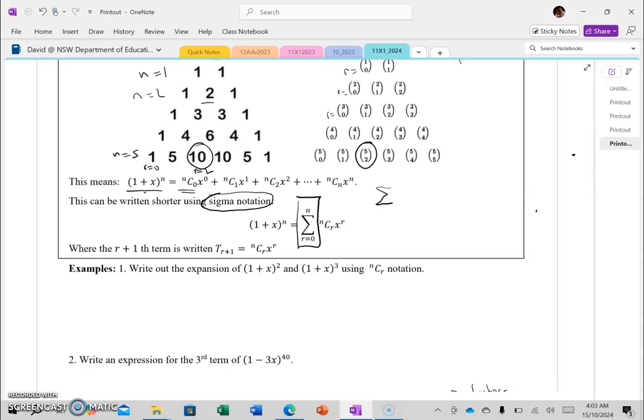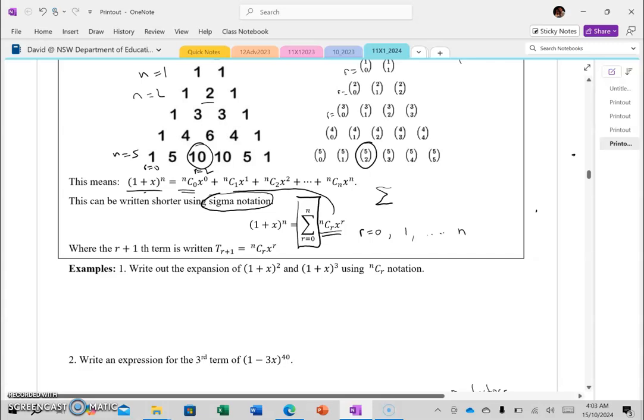That means we're summing all these terms starting from r equals 0, and then you increase by 1 every time, all the way up to r equals n. So r equals 0 will give you the first term, r equals 1 the second term, r equals 2 and so forth, all the way up to r equals n, which will give you the last term. So basically, sigma notation is just a very short way of writing out this long sum.